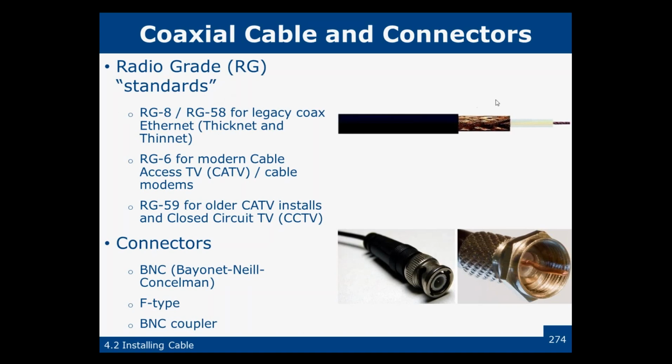RG, radio grade standards, we're talking about coax in this case, and a coax is shielded. If you look at this thing, it has a copper shield around it, an insulator, and then the core conductor, and then it has a casing around it. We had two different types of legacy coax.